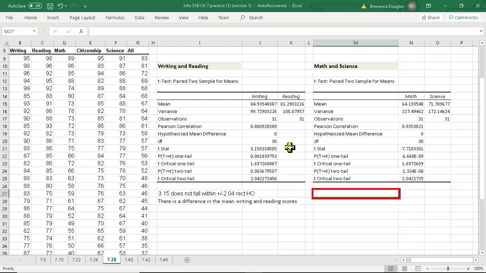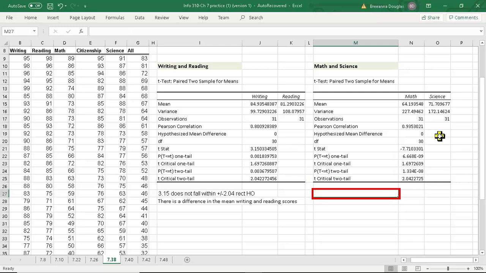So no different from before when we were comparing the writing scores to the reading scores.